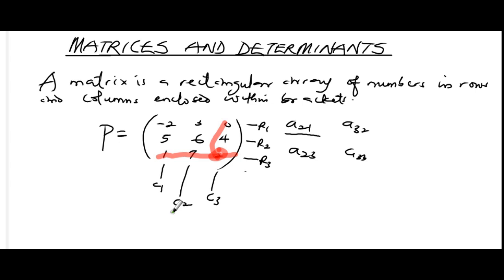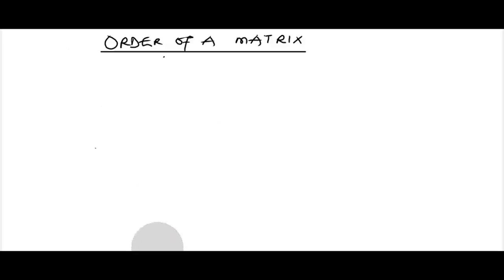So let's talk about the order of a matrix. When we talk about the order or dimension of a matrix, it is the ordered pair having as first component the number of rows and as second component the number of columns. So how do we represent the order of a matrix?